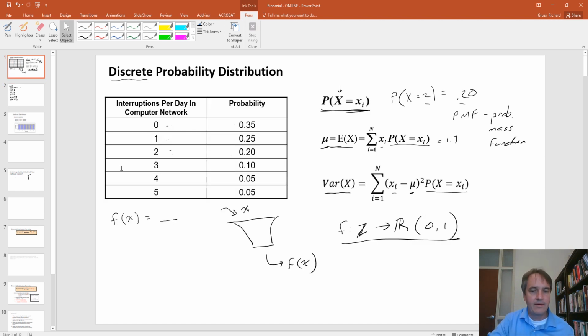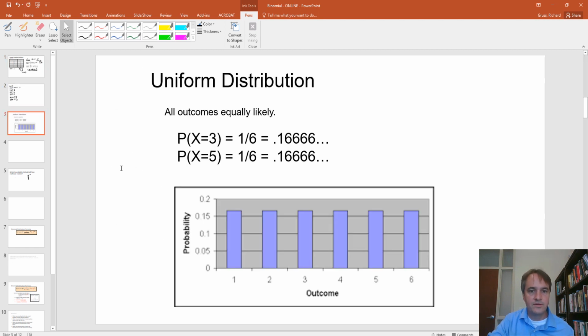And what we have in this case then is our old dice case. So we have what's called a uniform distribution, where all outcomes are equally likely. The probability that x is going to be 3 is 1/6. It doesn't depend on x at all. It is constant across all outcomes.